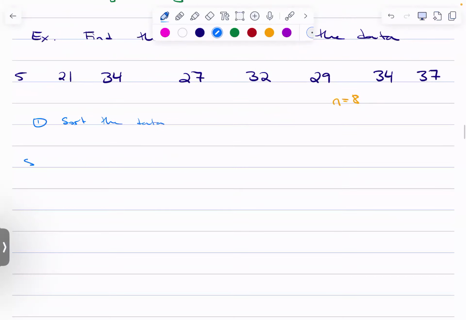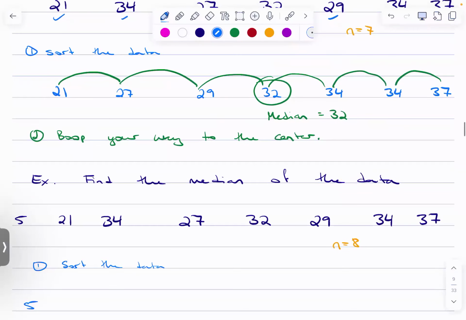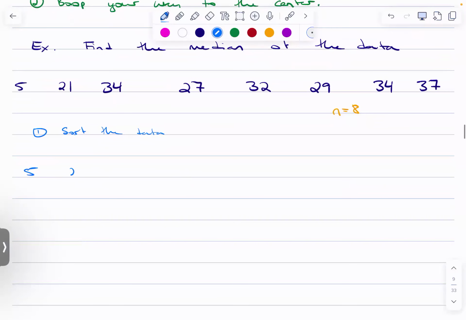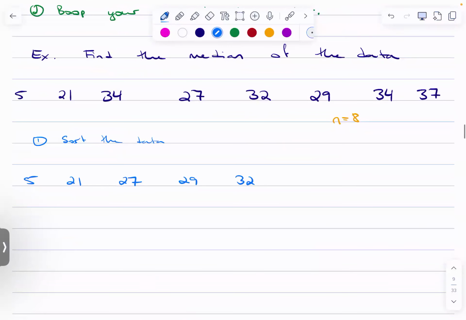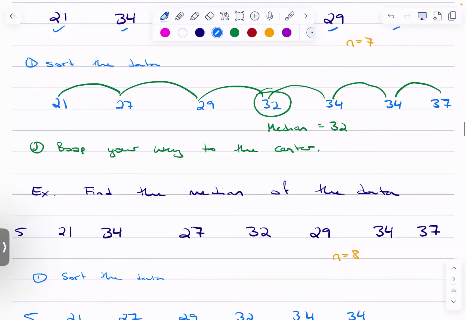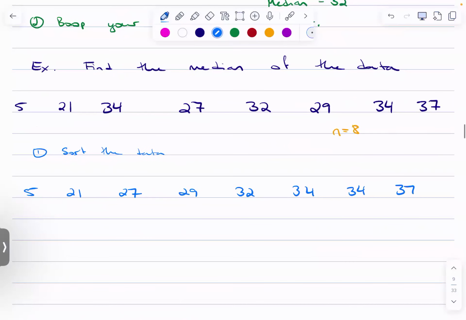And we have 5, 21, 27, 29, 32, 34, 34, 37. Make sure I have 8 now, just in case. 1, 2, 3, 4, 5, 6, 7, 8. Good.